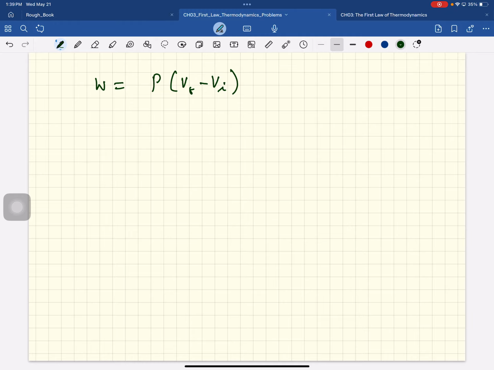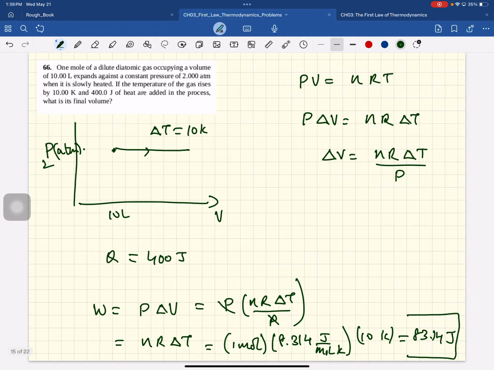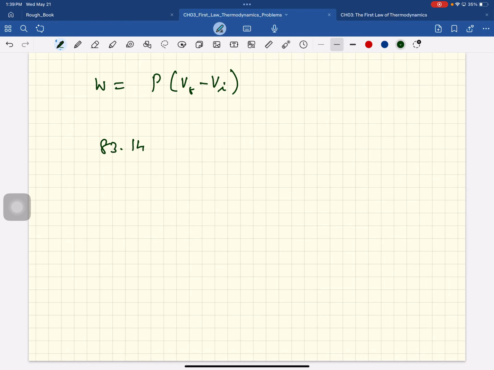So 83.14 joules equals 2 atmospheres times delta V in liters times 10 to the minus 3 meter cube.